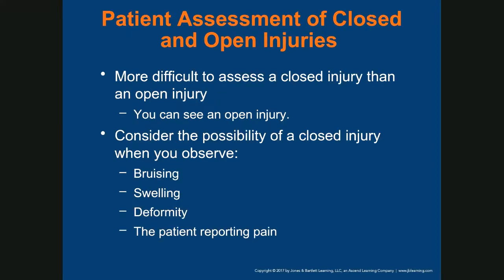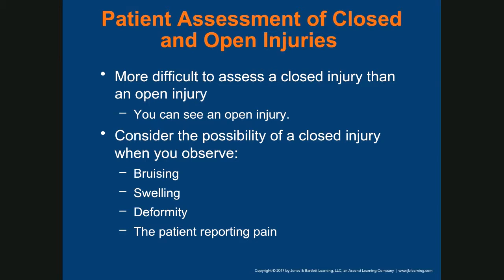Now, patient assessment of closed and open injuries. So it's more difficult to assess a closed injury than an open injury, right? Why? Straightforward. You can see an open injury. Consider the possibility of a closed injury when you observe bruising, swelling, deformity, and of course the patient reporting pain.